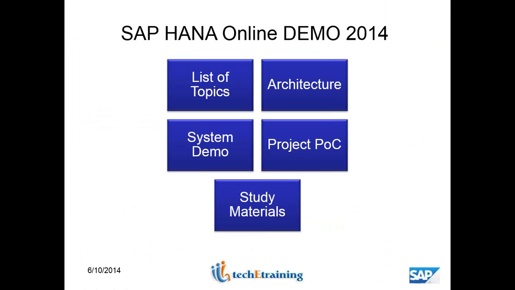So HANA offers that common platform. That is why it is getting preferred by a lot of customers, new non-SAP customers or existing SAP installation base, to prefer HANA due to various reasons.